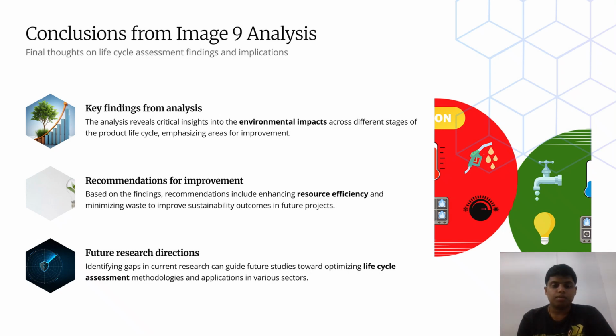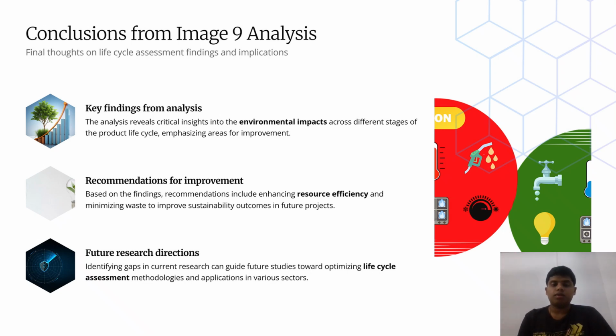The second one is recommendations for improvement. Based on the findings, recommendations include enhancing resource efficiency and minimizing waste to improve sustainability outcomes in future projects. The third one is future research direction. Identifying gaps in research can guide future studies towards optimizing life cycle assessment methodologies and applications in various sectors.